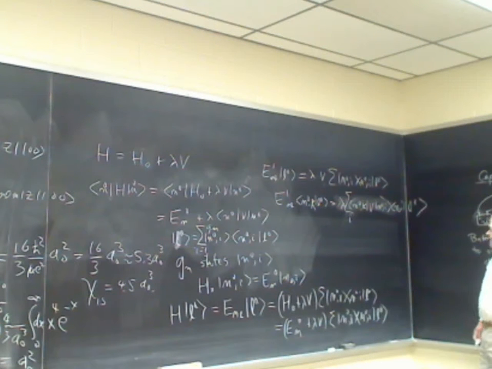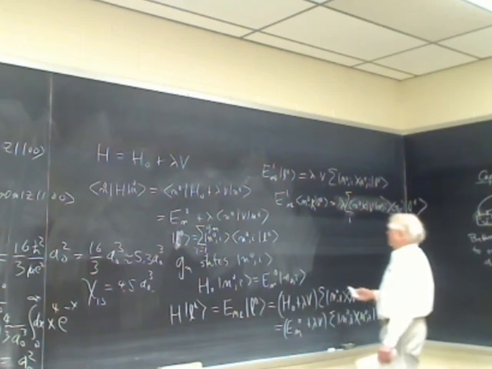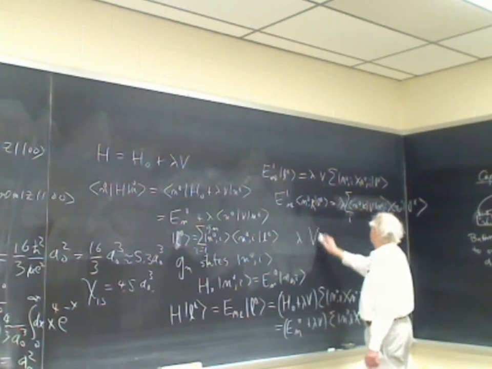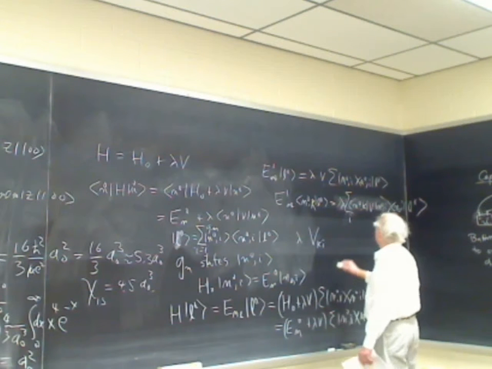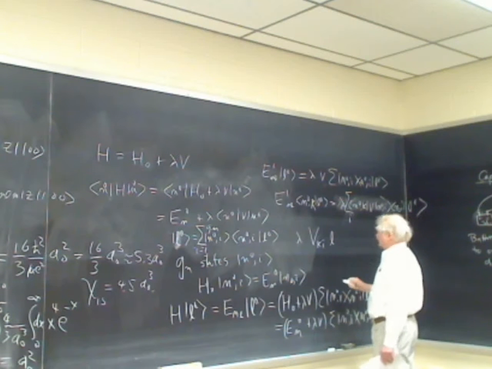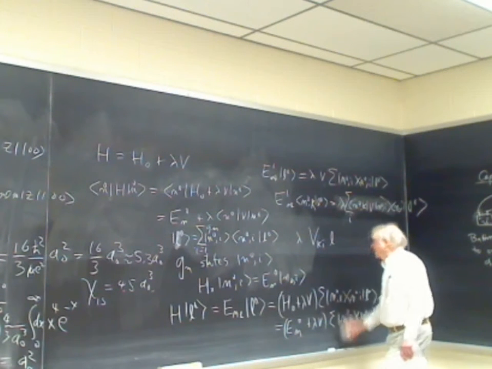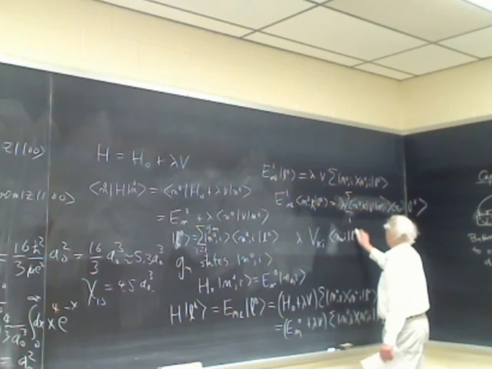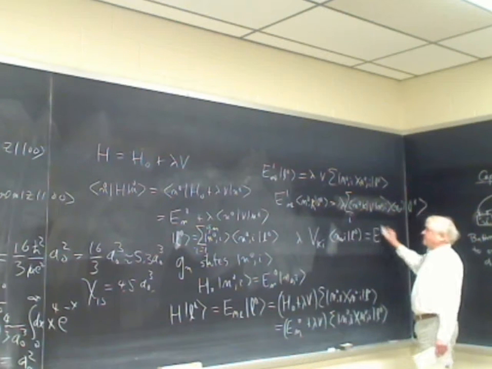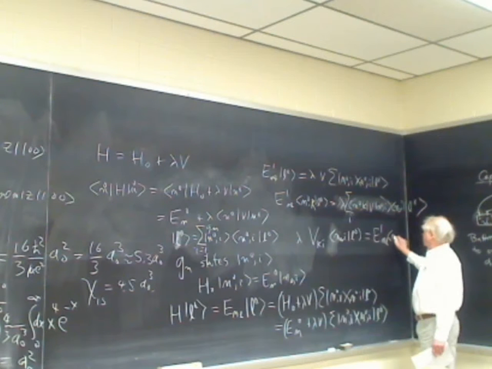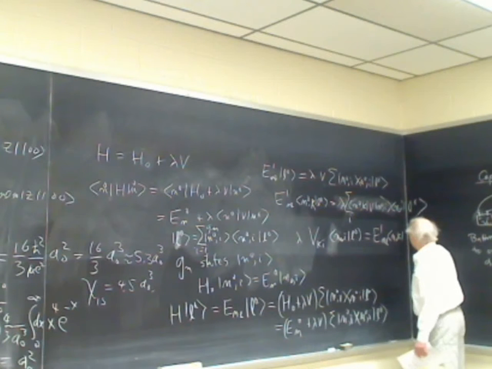Okay, so this is an eigenvalue equation then of the form lambda V Ki L times N0I L0 is equal to E1 and L N0 K L0.